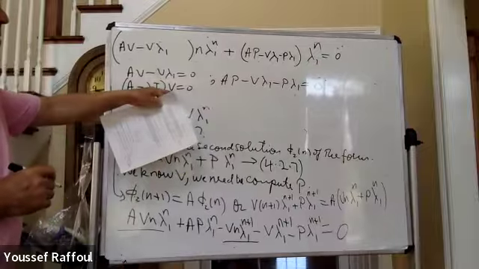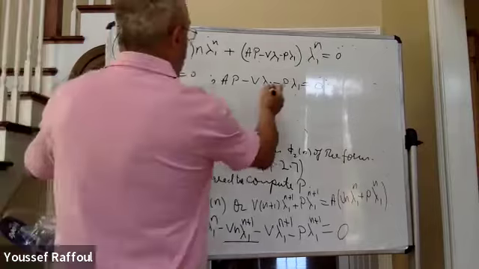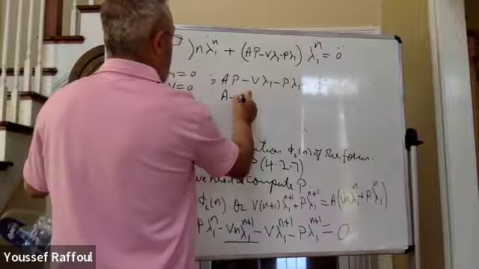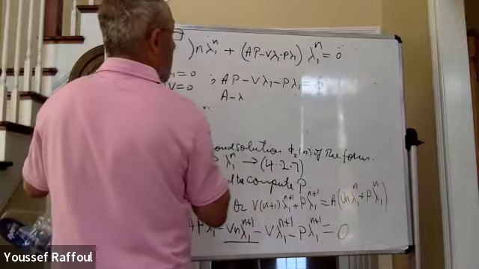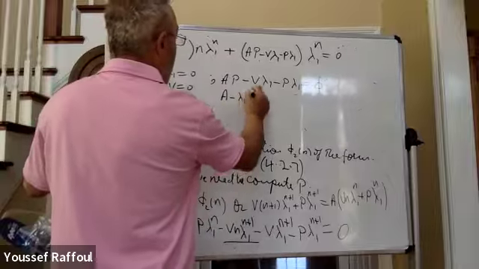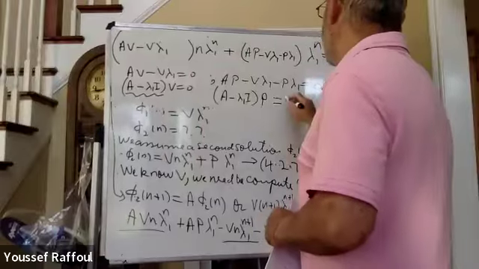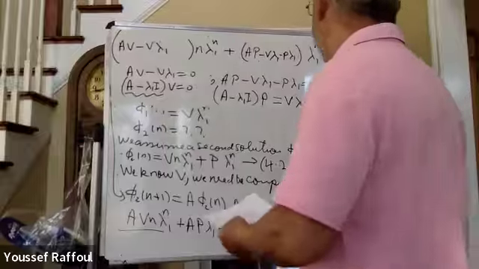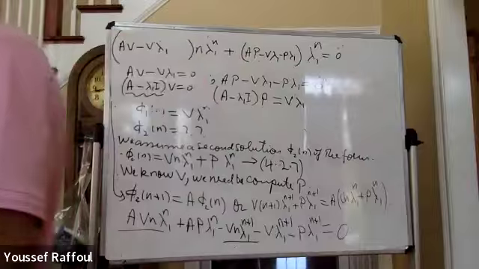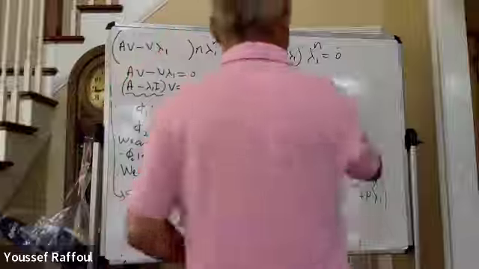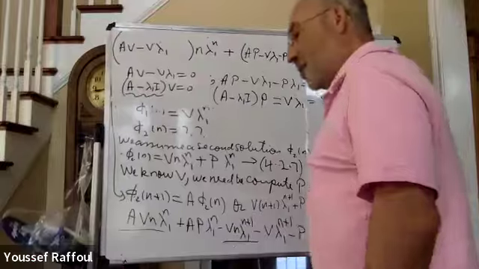This will give us V. But this one will tell us that (A minus lambda 1 I) P equals V lambda 1, or lambda 1 V, it doesn't really matter, because lambda is constant.